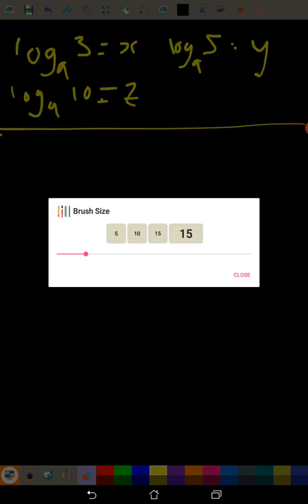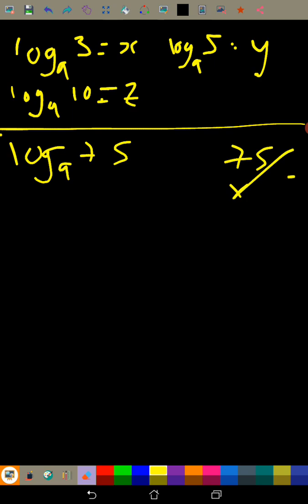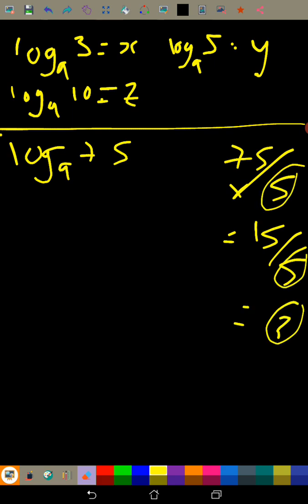I'm just tired, sorry guys. 75, we know that 75 we divide by 5, we'll get 15, we divide by 5, we get 3. So we have 5, 5 and 3. So it's log a 3, which is log a 3.